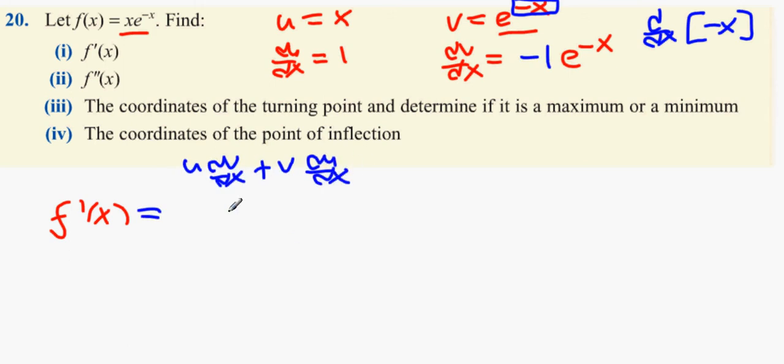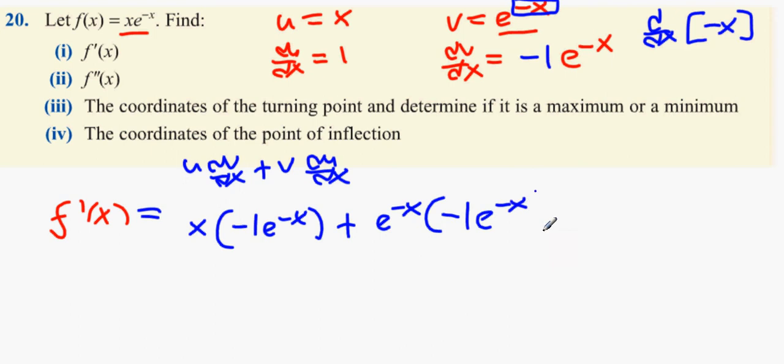Product rule is u dv/dx plus v du/dx. So what we're going to get here is u is x, the dv/dx is going to be minus 1 e to the minus x, v is e to the minus x, and then the du/dx is 1. Put them in and we're going to get minus x e to the minus x, because I'm multiplying x by minus 1 and just leaving the e to the minus x where it is.